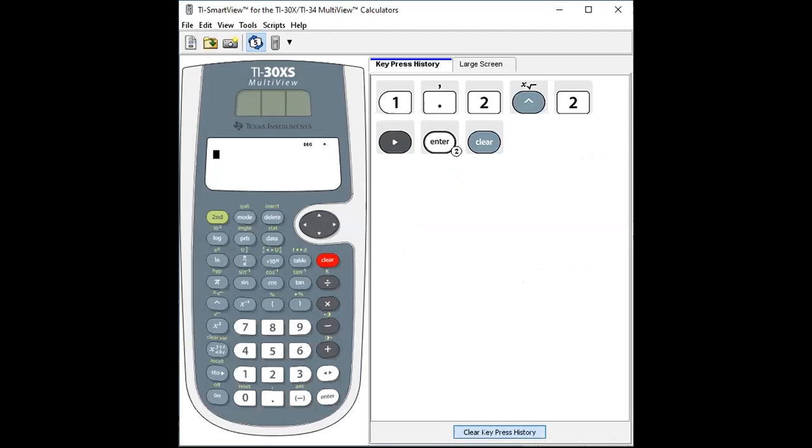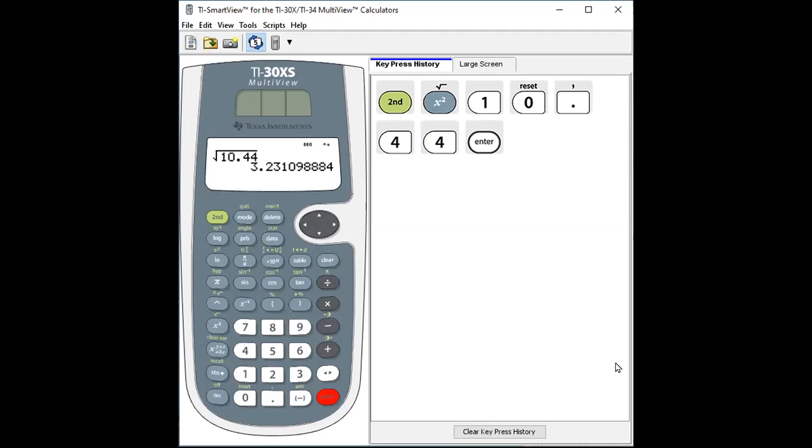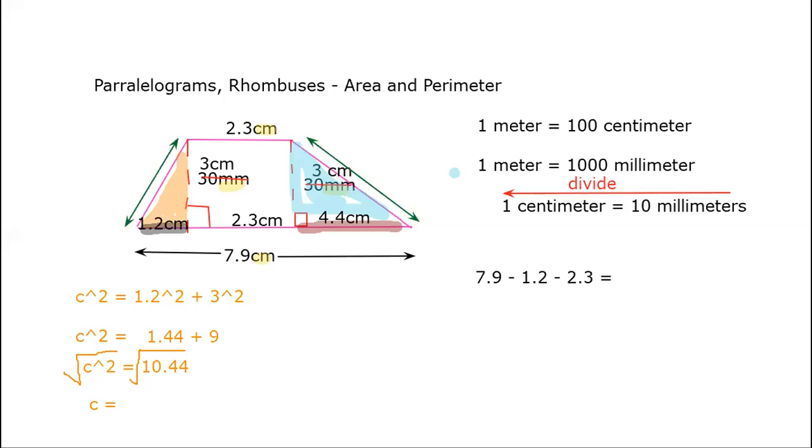To do that, we're going to go second, find that x squared button, put your 10.44 in. That's 3.23. So the length of the hypotenuse of that orange triangle is, I already forgot it, 3.23 centimeters.